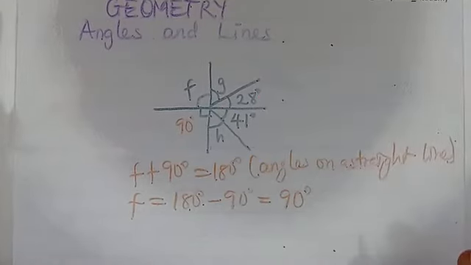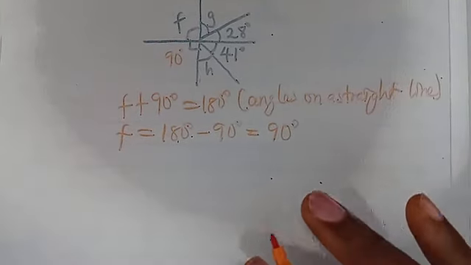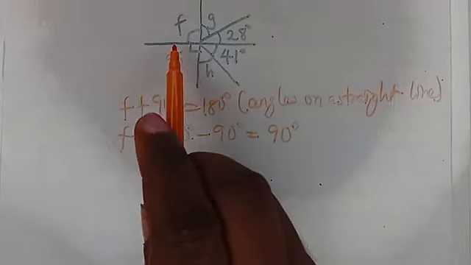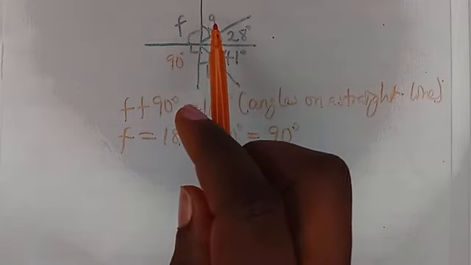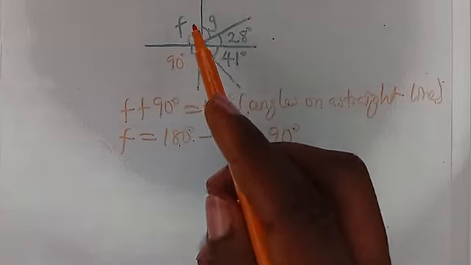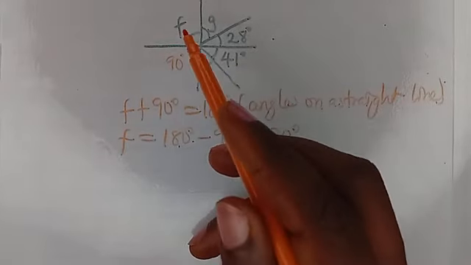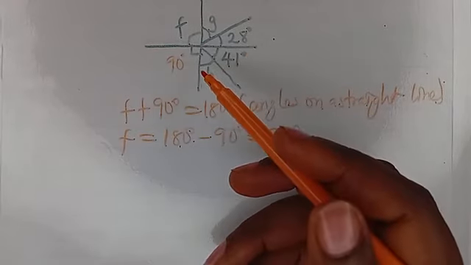We can now see that it's important for us to have reasons why we do things, because someone else might come around and see this straight line and then say angle F, which is 90, plus angle G plus 28 is equal to 180 degrees. And the reason for saying so is angles on a straight line. So whichever way you see it, you should solve it that way because it's actually correct.